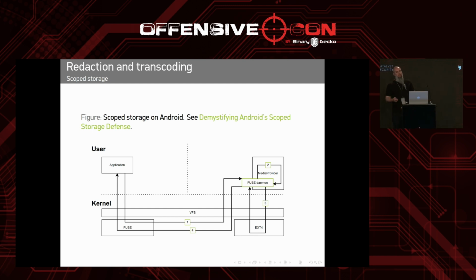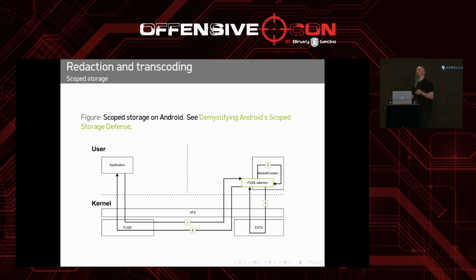Let's see how this works. We have the media provider process, and the media provider process implements a Fuse daemon. The Fuse daemon is written in C++, and that's why it's very interesting, to be honest. So the Fuse daemon creates a mount point under the SD card directory.